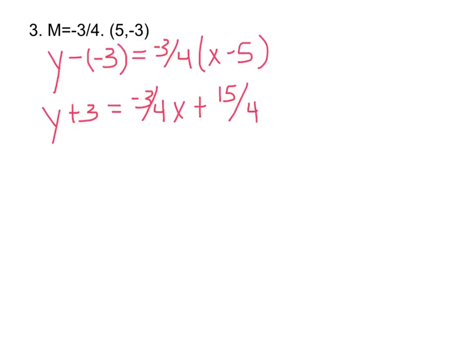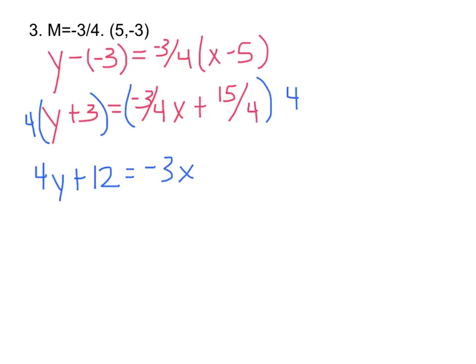So now we need to look at our problem and see that they all have a 4 as a denominator and we can't have a fraction, so we are going to multiply this side by 4 and this side by 4. And that gives us 4y plus 12 equals -3/4 times 4 is -3x plus 15/4 times 4 is 15.